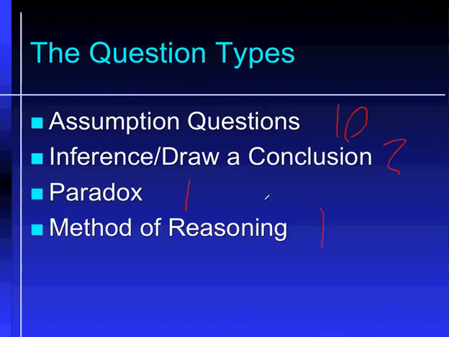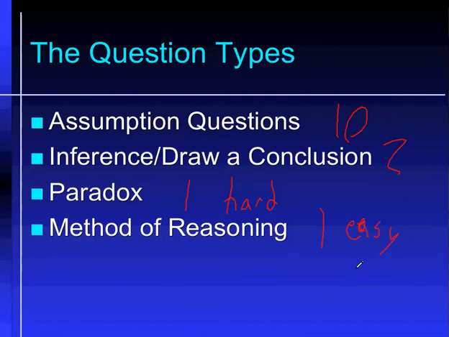Now, the paradox questions are the hardest questions, being very general about it, and the method of reasoning questions are the easiest questions. So if you're doing very well on the test, you may well see more than 1 paradox question. If you're doing poorly on the test, you may well see more than 1 method of reasoning question because of the adaptive nature of the test.